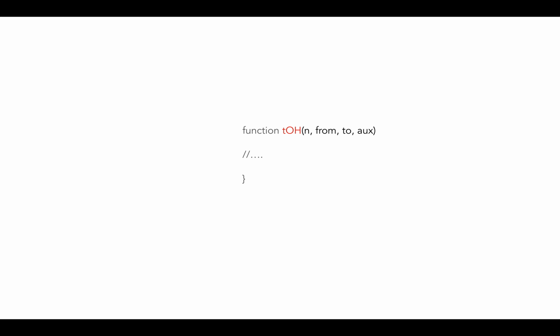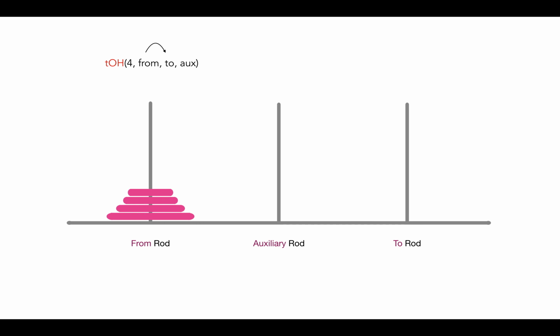Now the second step is picking the subproblem and assuming that the function will work for that problem. So if our original problem is for 4 disks, then we can assume that this function will work for 3 disks. See this method. Here I'm taking aux at the second position, whereas for the original problem we are taking the to rod.